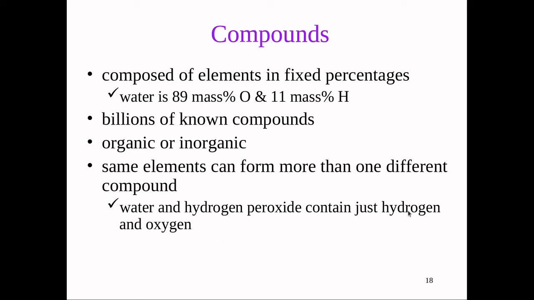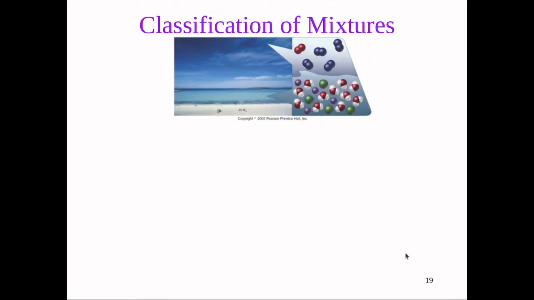But still, it just depends on your percentages and how they're bound together. All carbohydrates that we eat, everything from pasta to that regular old sugar you put in your coffee, they all just contain carbon, hydrogen, and oxygen. Again, it just has to do with the ratios and how they fit together.